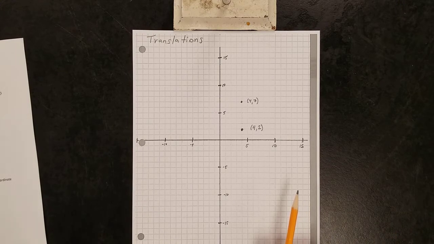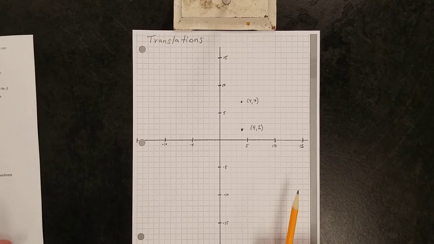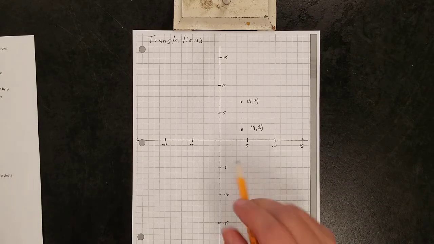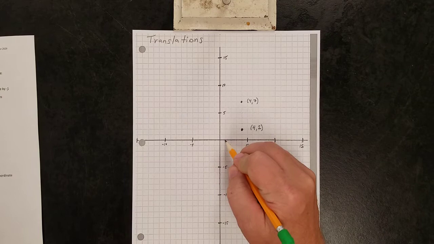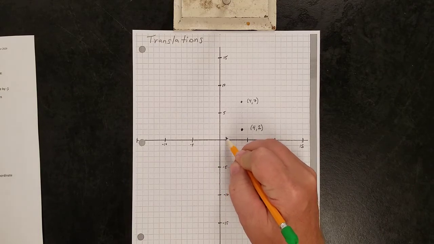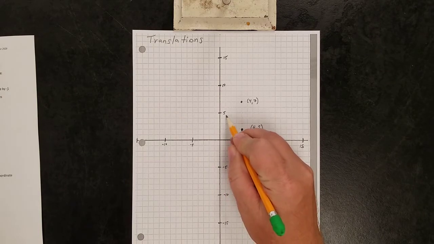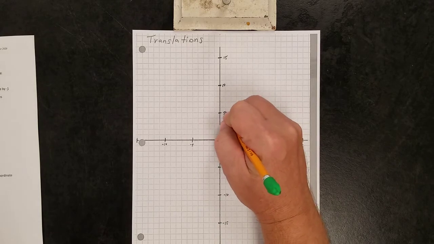Now what if I wanted to take the other one where it says translate 1 unit left? Well, this time it is a 1 and a 5. So 1 and 5 is 1 over, and then 5 up: 1, 2, 3, 4, 5. So that would put the point here.